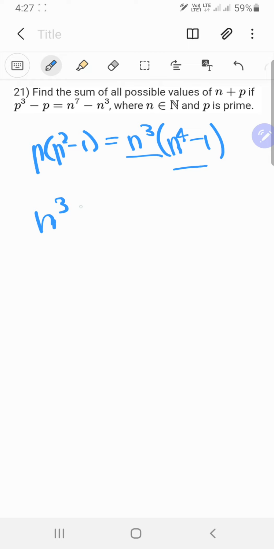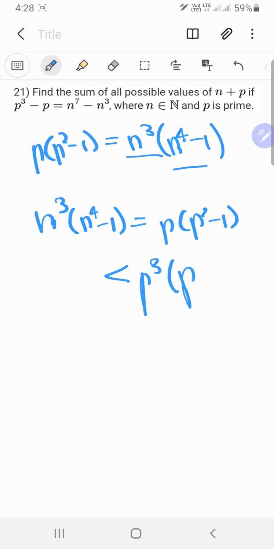So you have n cubed into n to the power 4 minus 1 is equal to p into p squared minus 1. But what we know for sure is that this is going to be less than p cubed into p to the power 4 minus 1, right? So what that means is that p has to be bigger than n, because these are increasing functions, as we are in the realm of natural numbers.